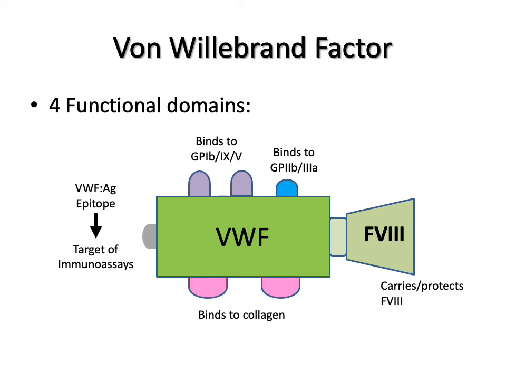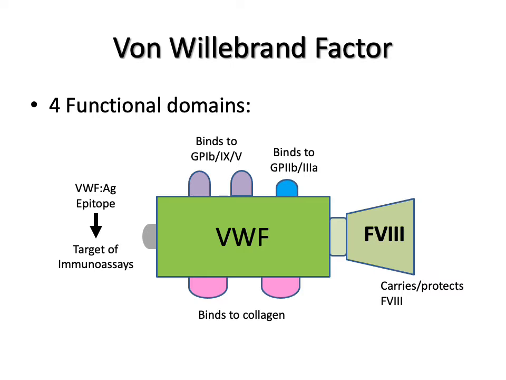The GP1b on platelets bind to von Willebrand factor, and then platelets become activated and express the GP2b3a that binds to von Willebrand factor. And finally, one that binds to platelet GP2b3a complex. The von Willebrand factor antigen epitope is the target of immunoassays.